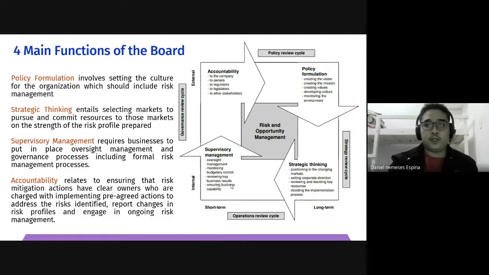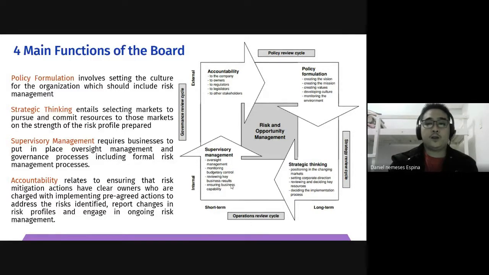After formulating the policies, the board should come up with the strategies. So by positioning in the changing markets, setting the corporate direction, reviewing and deciding the key resources, and deciding the implementation process.